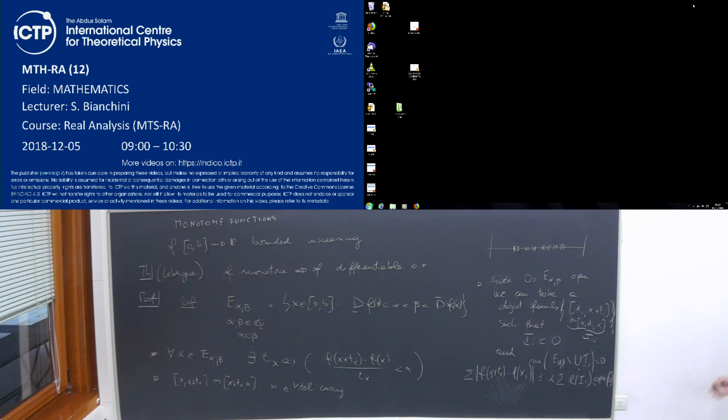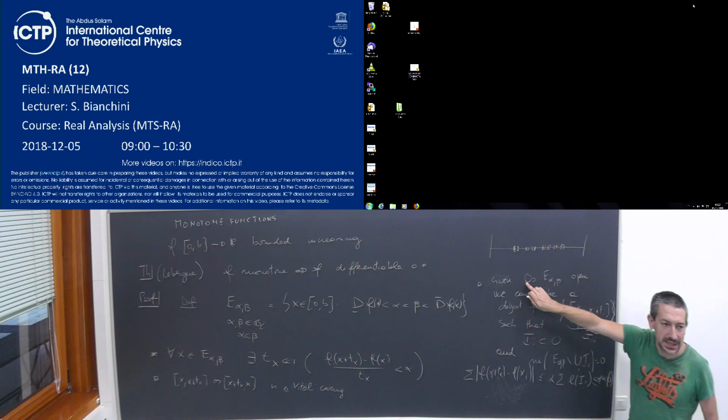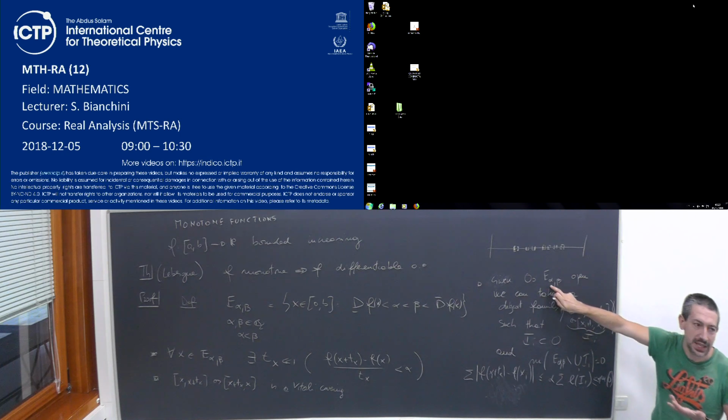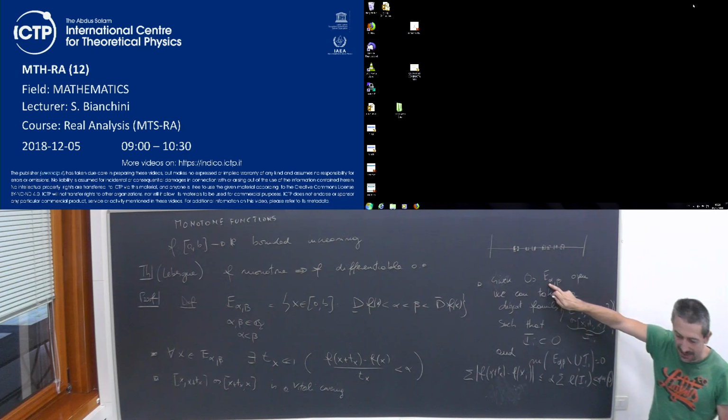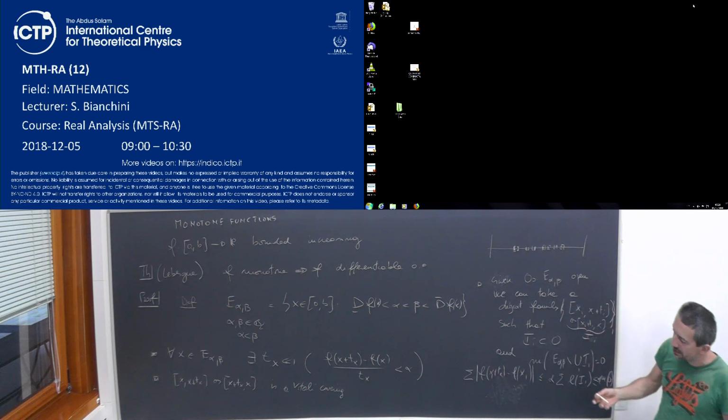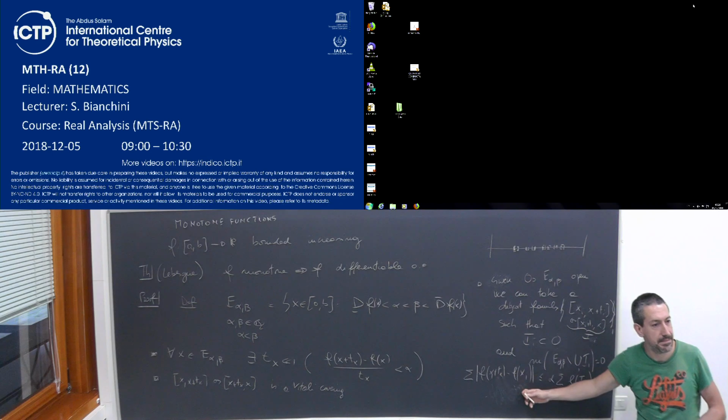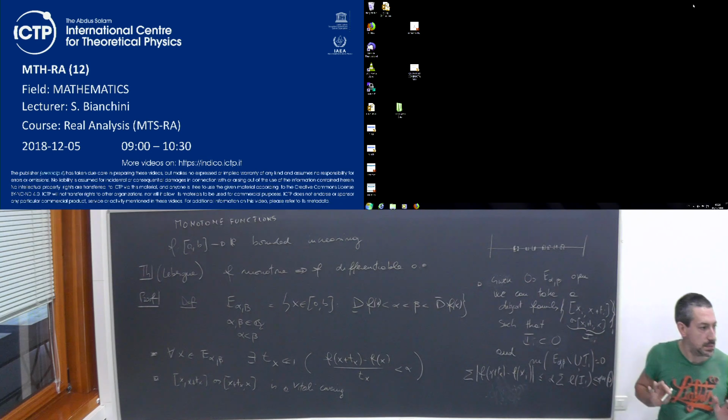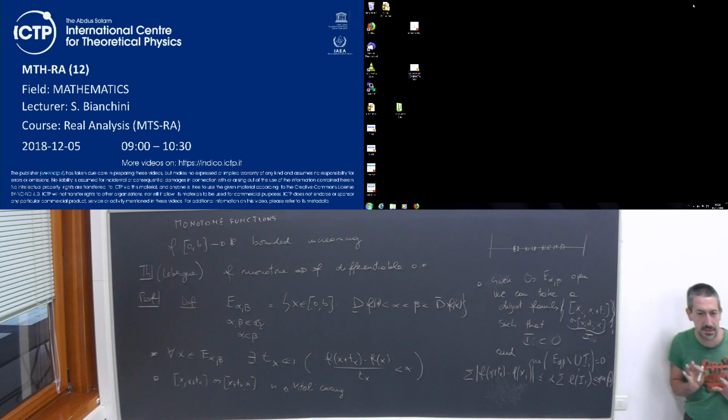So certainly it tells me that whichever open set contains E, its length is larger than this sum. Do you agree? Okay, so this is one part. Now I want to use the other part.